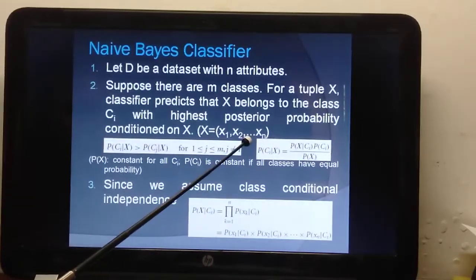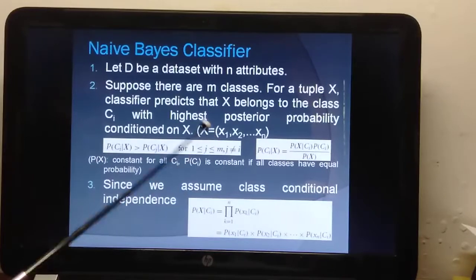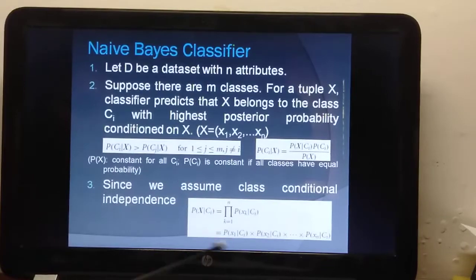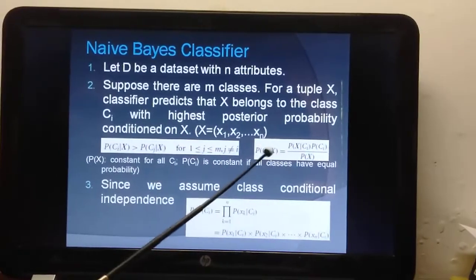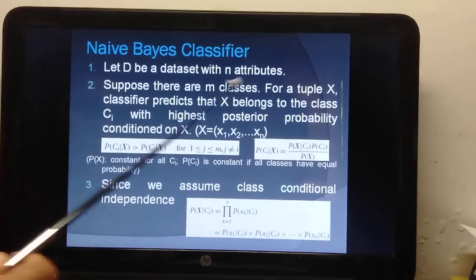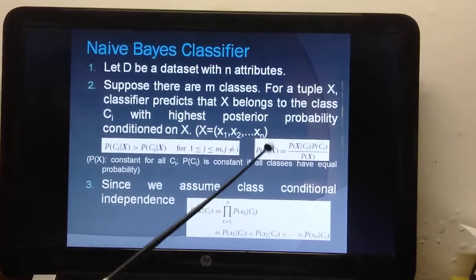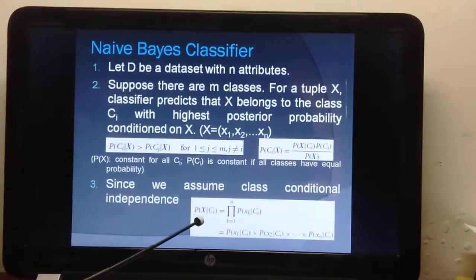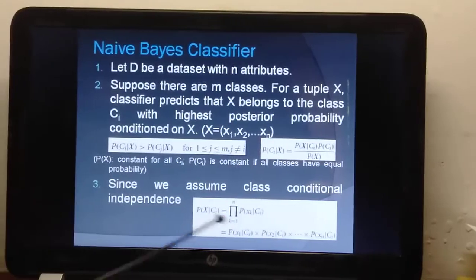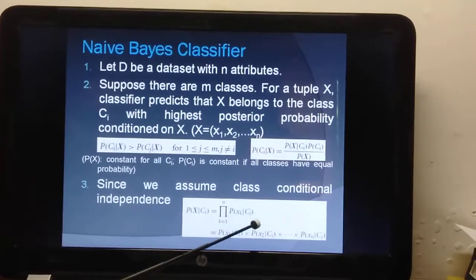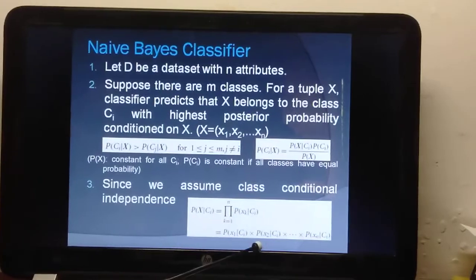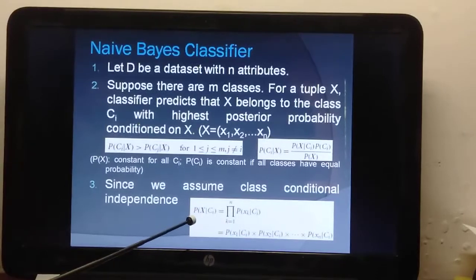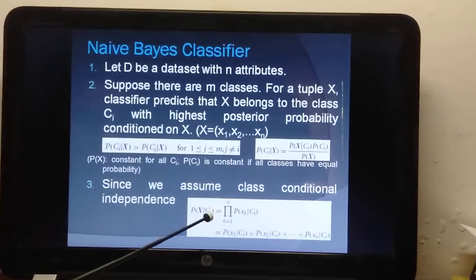So what we need to do is find the probability for each one of these attributes and then multiply each of these values, so the probability of X given Ci follows from Bayes theorem. To find the complete probability of X given Ci, I will find the probability of the first attribute given Ci, the probability of the second attribute given Ci, and so on for all the attributes given Ci, and multiply all the values to get the probability of X given one particular class.